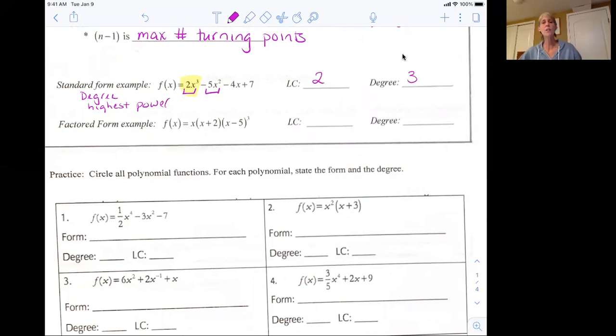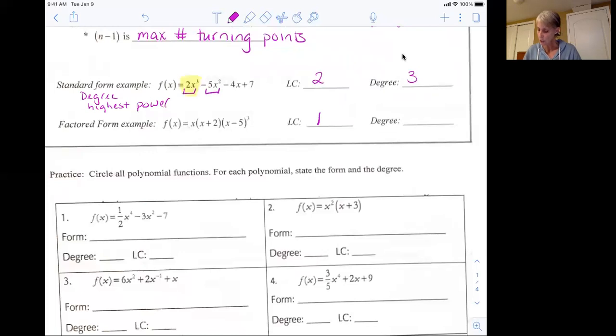When our function is given to us in factored form, rather than foiling it all out and distributing, in order to find the lead coefficient and the degree of the function, you can just look and see, are there any numbers in front of anything? In this case, no. So our lead coefficient is 1.